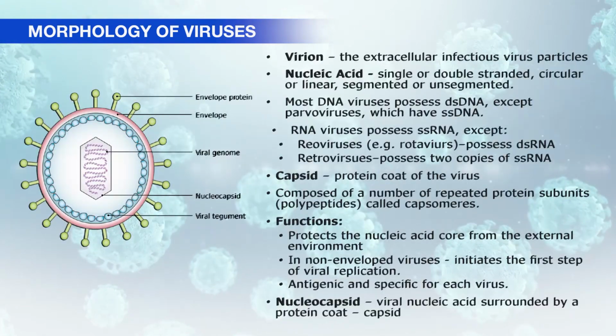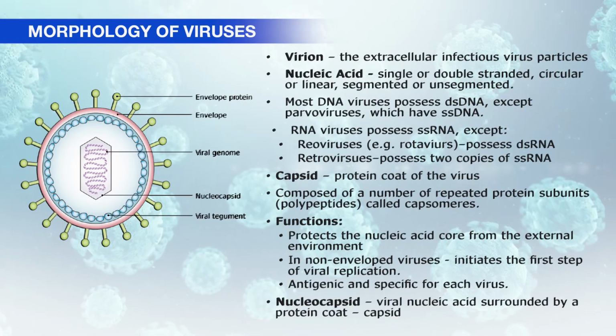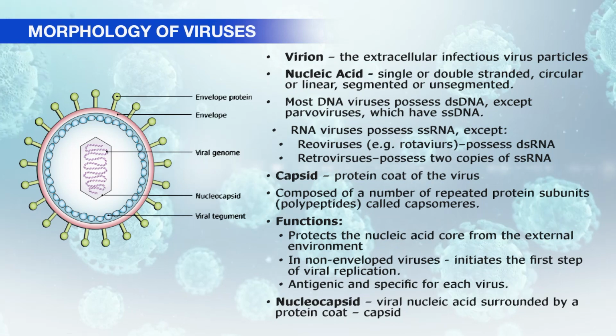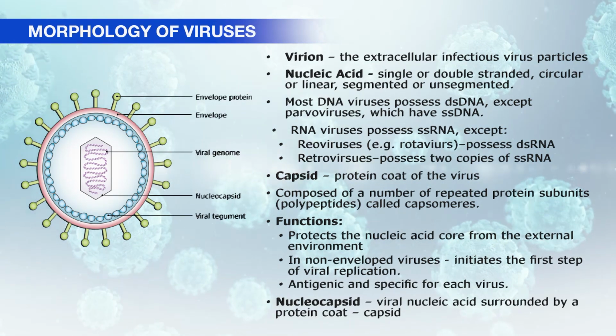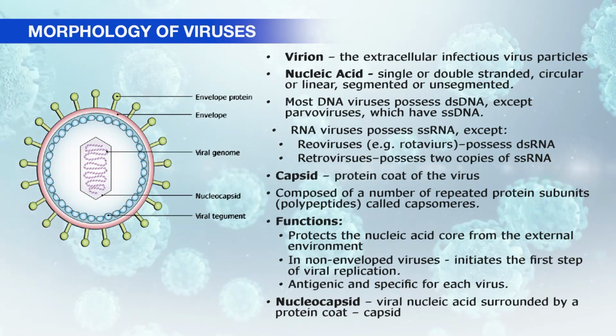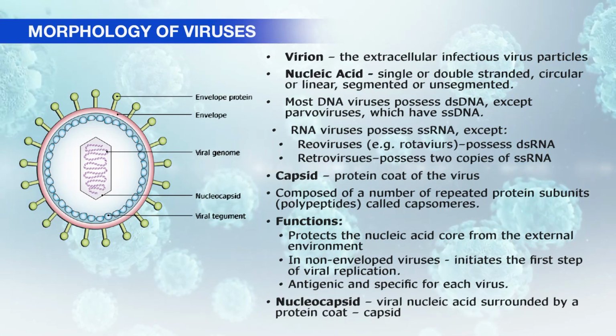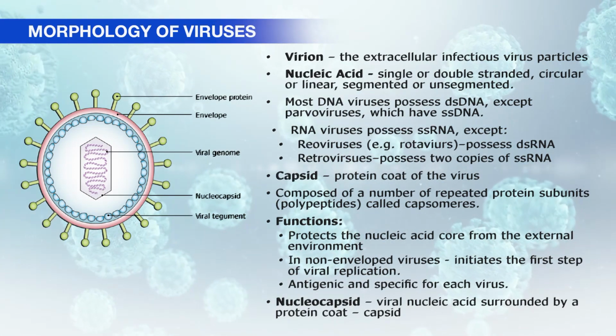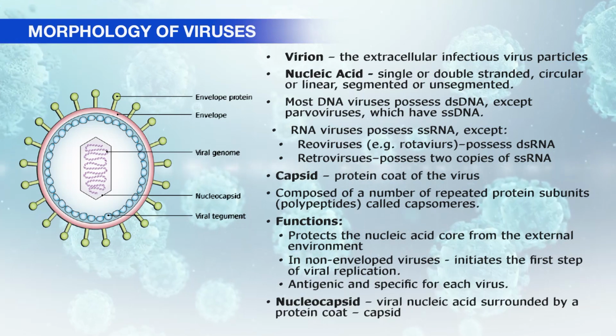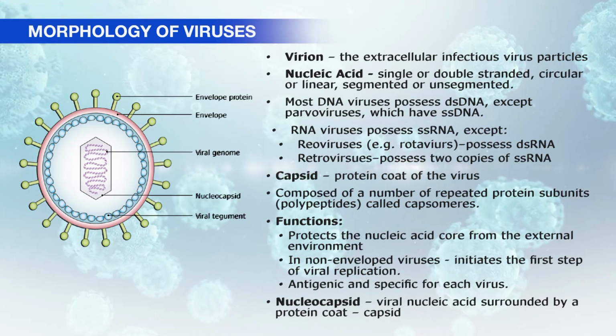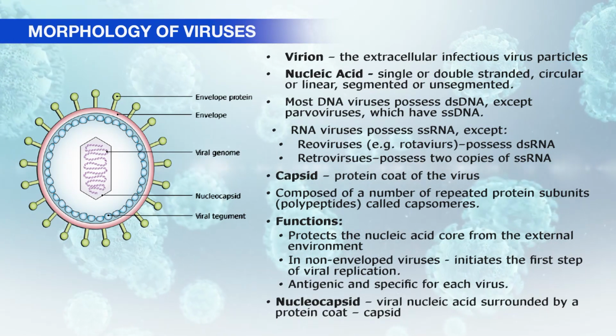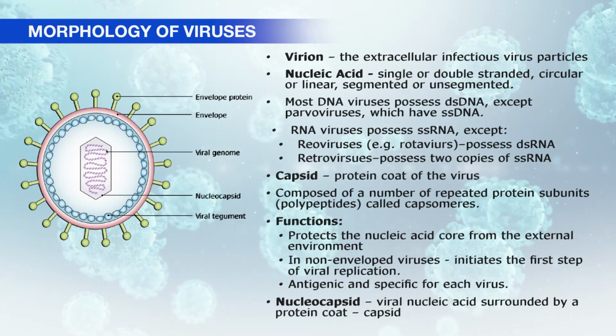When we come to the morphology of viruses, the basic morphology that we see is the virion, which is the extracellular infectious virus particle which contains nucleic acid, which can be single or double stranded, circular or linear, segmented or unsegmented. Based on the nucleic acid, it can be differentiated into DNA viruses or RNA viruses.